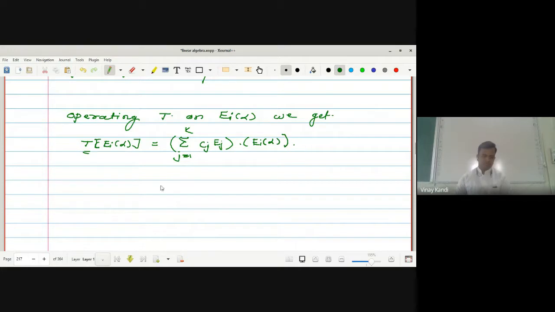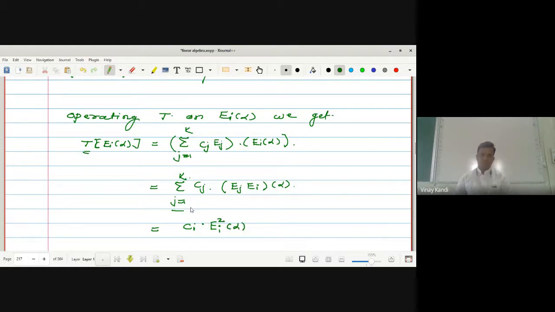Yes, sir. So this is equal to the summation with j from 1 to K of Cj into Ej into EI of alpha. Running j, at some point it will coincide with I, so that value becomes Ci into EI square, and EI square is EI, of alpha.